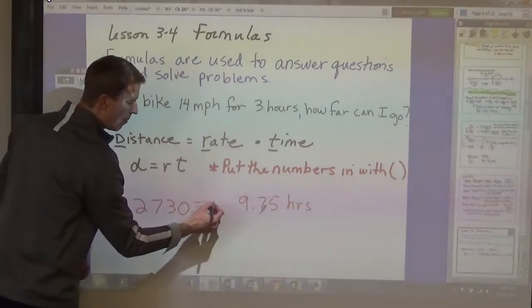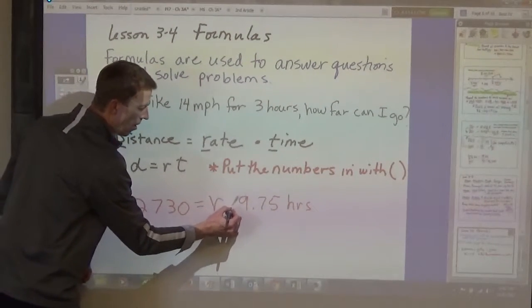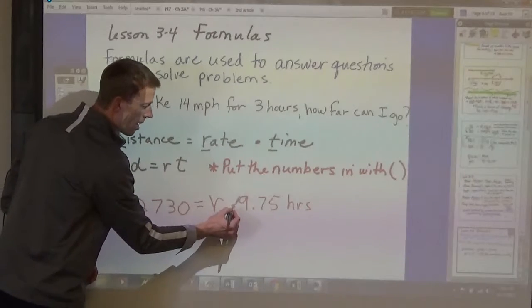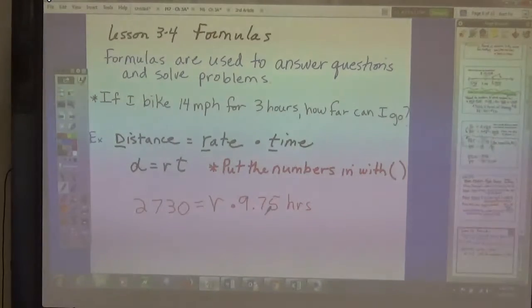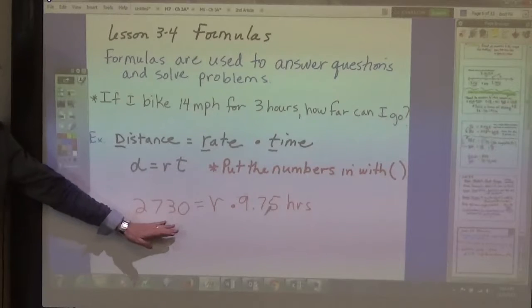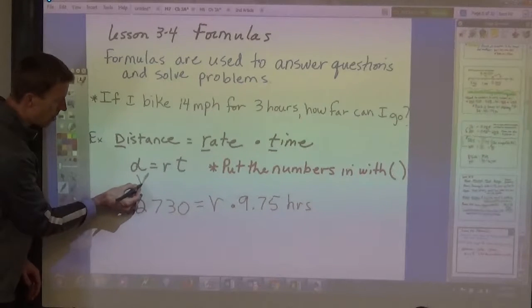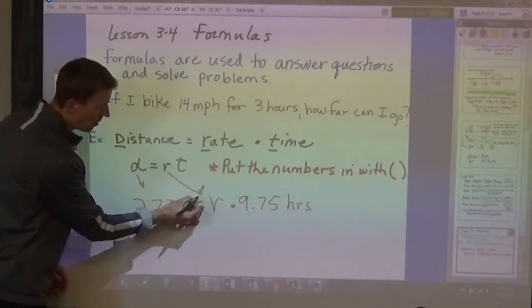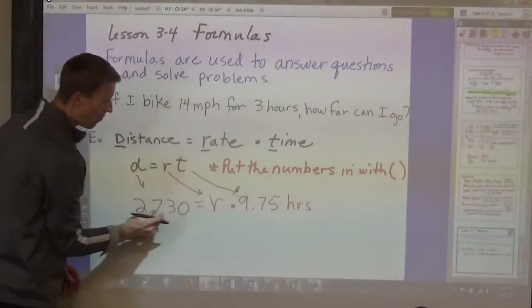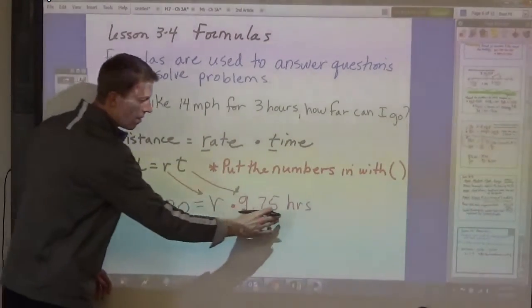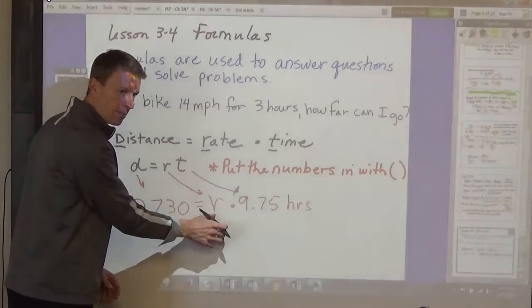This is the time, and so the rate, R, times the time, 9.75 hours, is equal to this distance, right? Does that make sense? Using this formula, the distance is equal to the rate times the time. So if you know the distance and the time, you can find the rate.